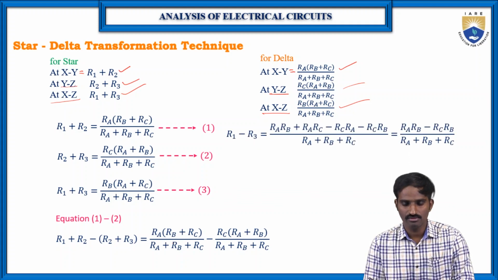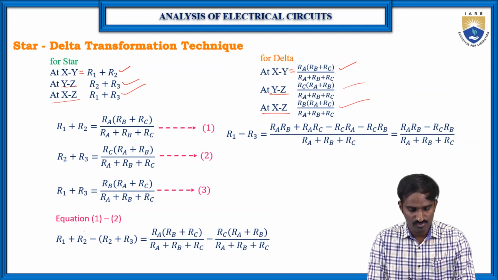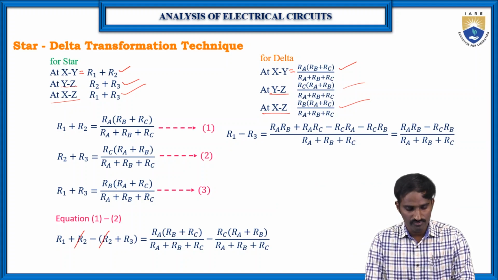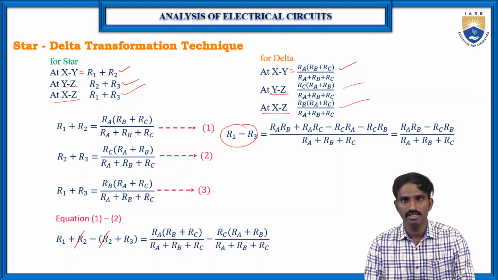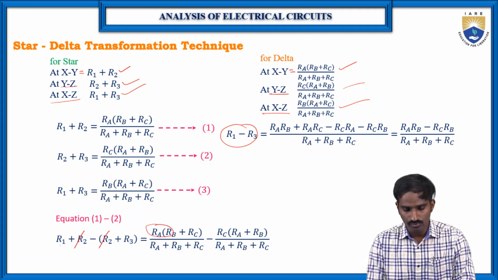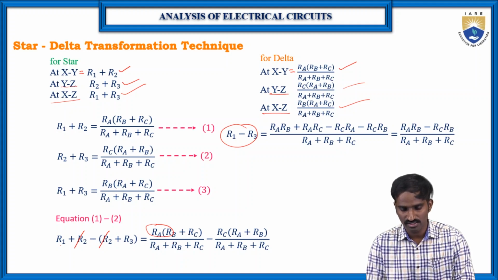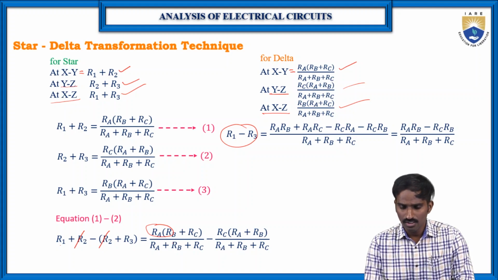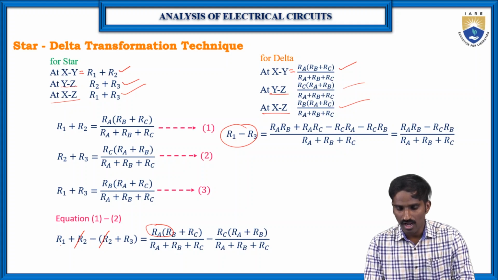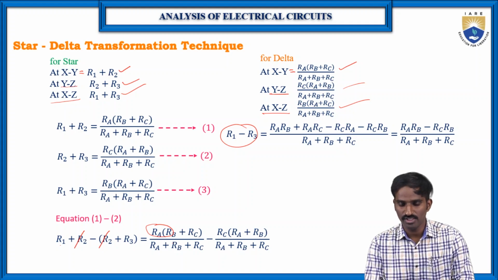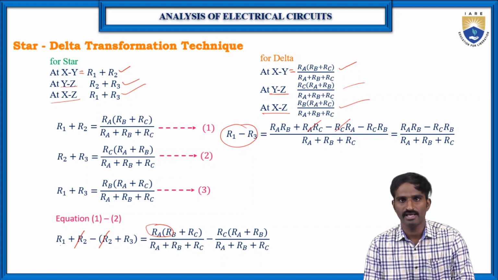Then simplify this equation. As you can see, plus R2 and minus R2 get cancelled, and you will get R1 minus R3. On the right, RA into RB plus RA into RC minus RC into RA minus RC into RB, with the same denominator RA plus RB plus RC taken common. Here RA RC and minus RA RC get cancelled.